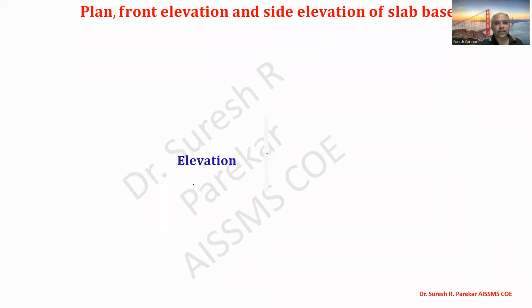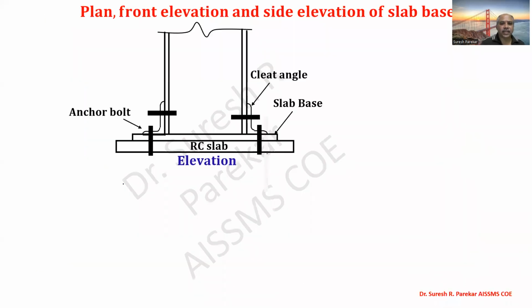So now we have this elevation. You can see here we have base plate, that is slab base, or we can say base plate. We have this angle section. This is ISHB column, whatever may be 300, 400.